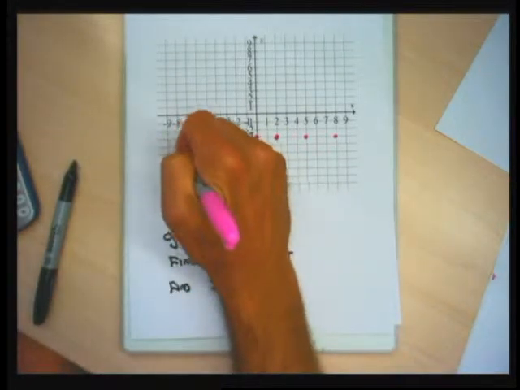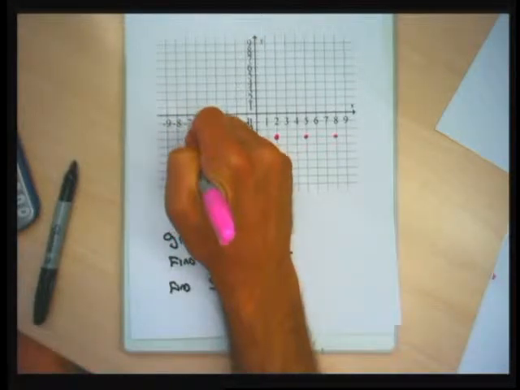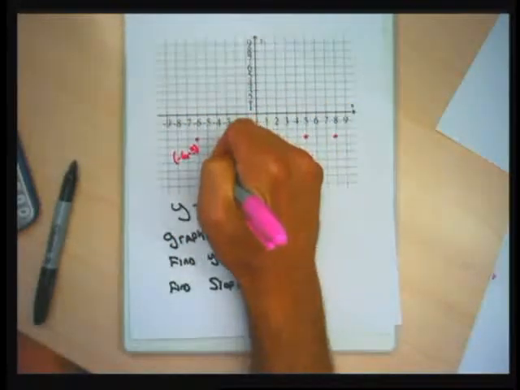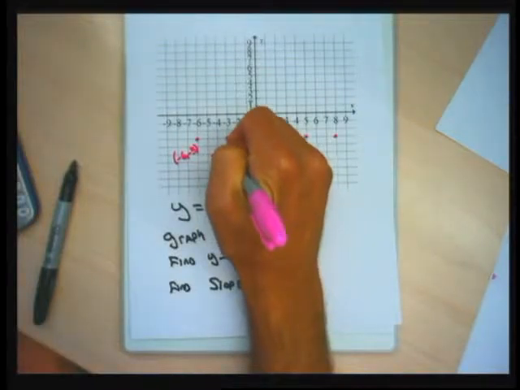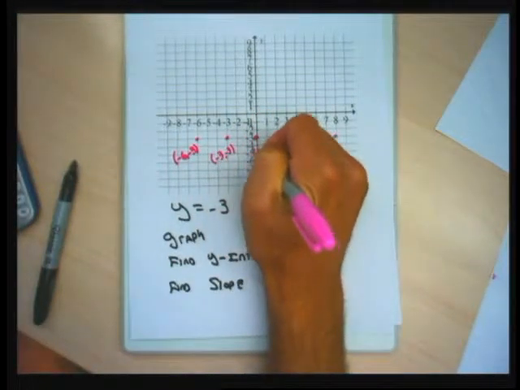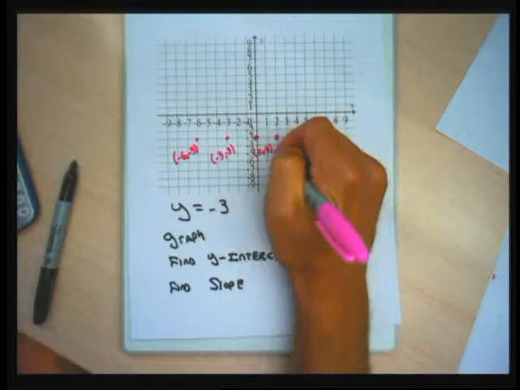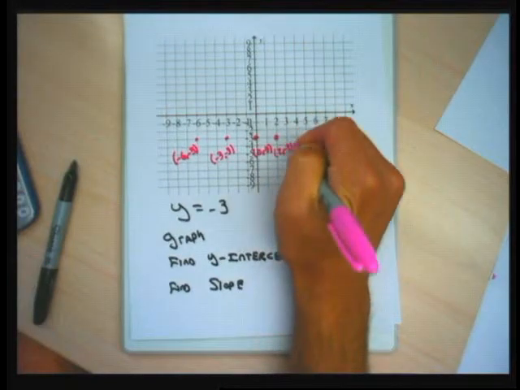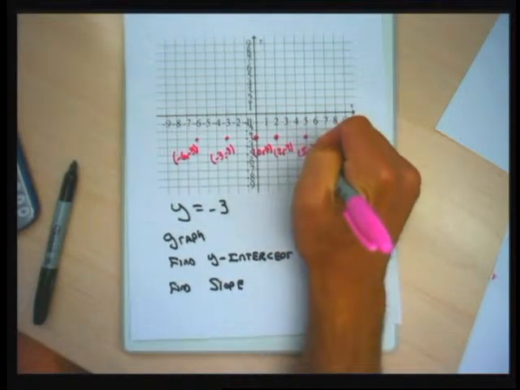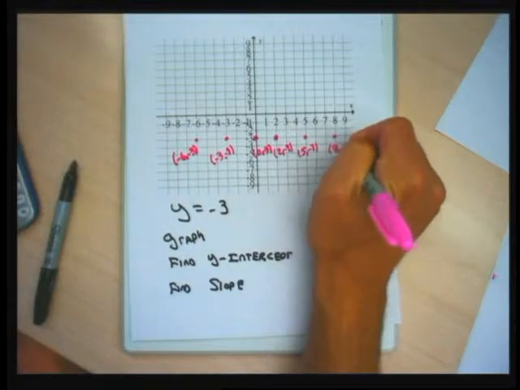If I look at the points that I've just drawn, I've drawn the points negative 6, negative 3; negative 3, negative 3; 0, negative 3; 2, negative 3; 5, negative 3; and 8, negative 3.